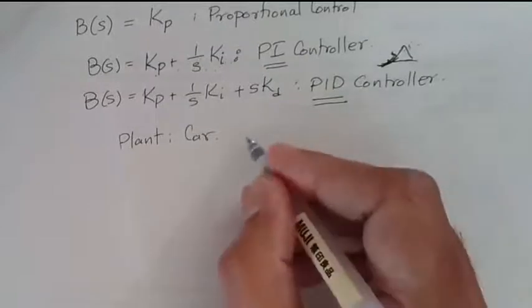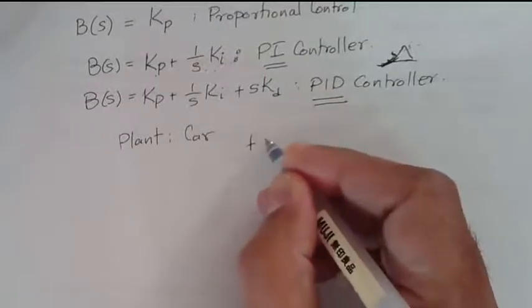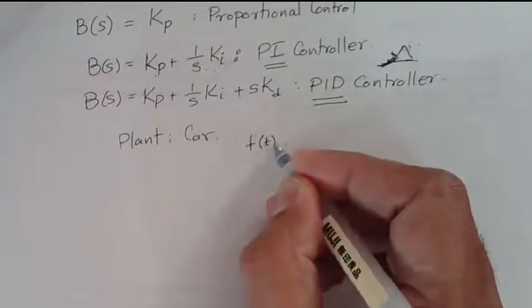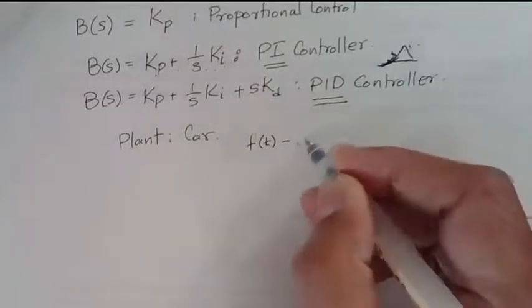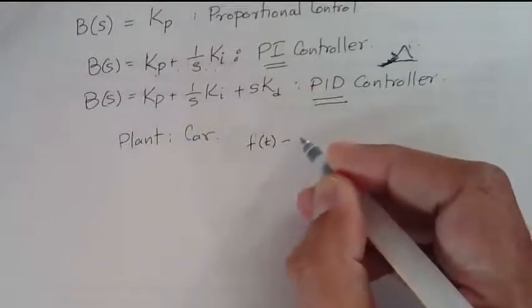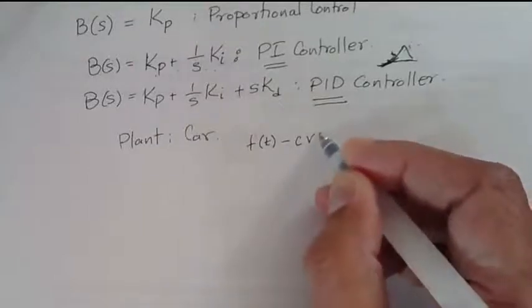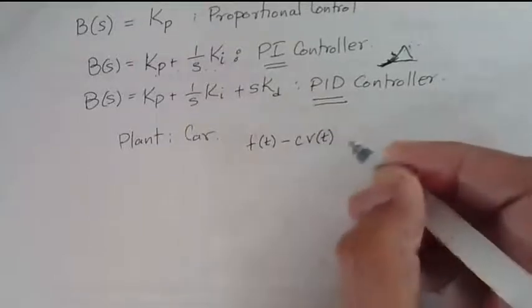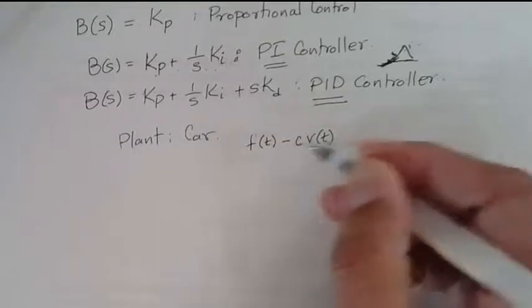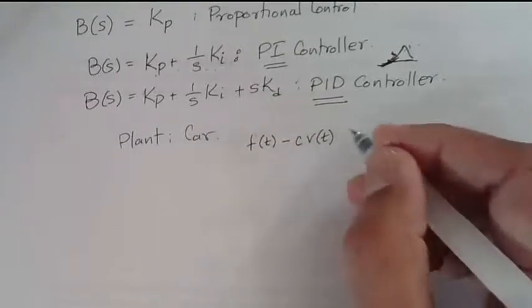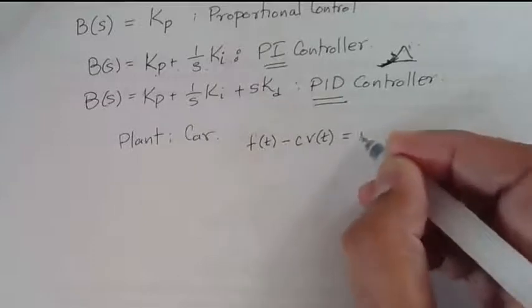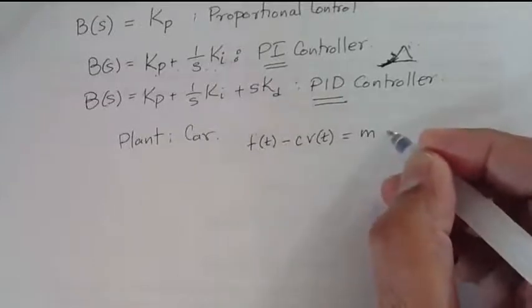So I've got some kind of a force on the motor, and that has to get over the friction. And so I have some kind of a damping constant times the velocity, because this will change depending on the velocity, and that's going to be the mass times acceleration, right?